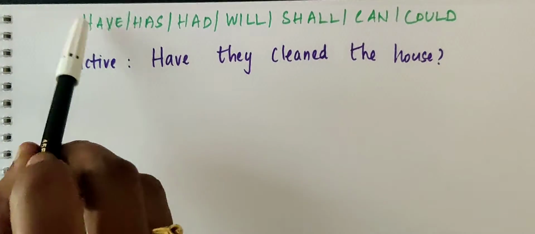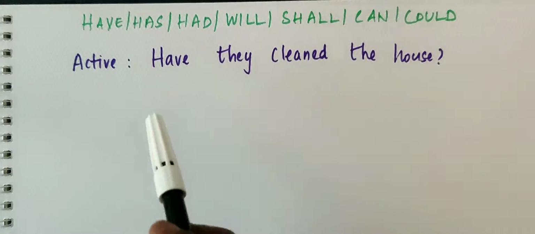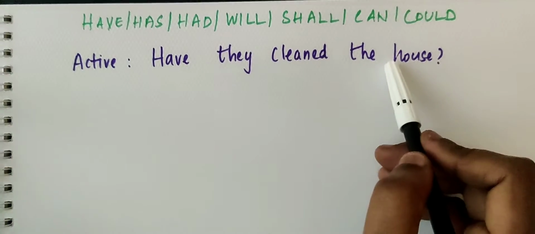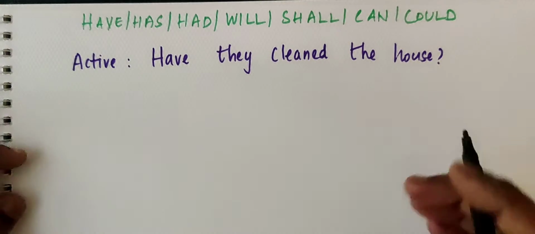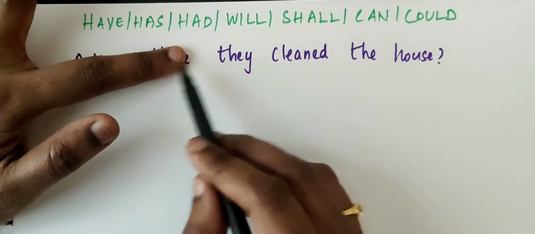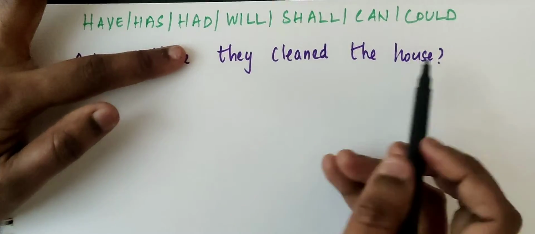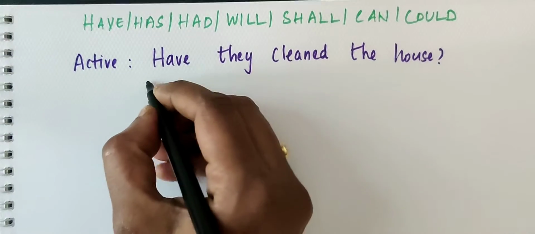These will have the have, had, will, shall, can, could in the passive form, but that will be based on the number of objects and the tense, whether it is singular, plural, and whether it is past, present or future. Okay, let's convert this. First step as usual, ignore the question word.